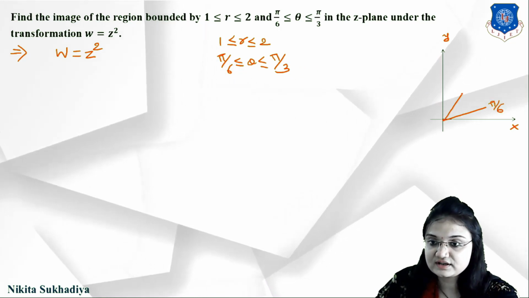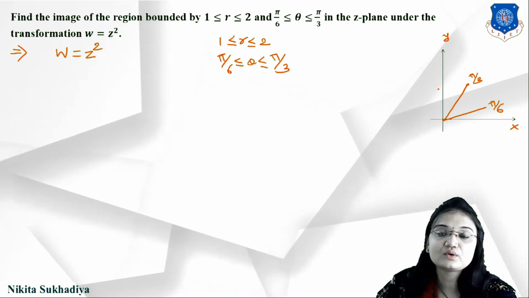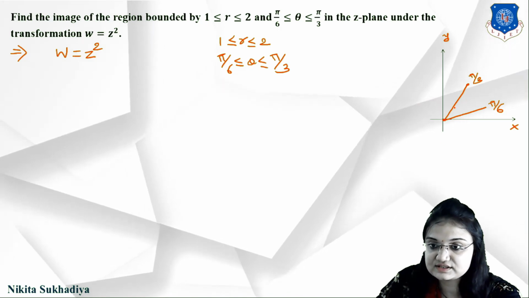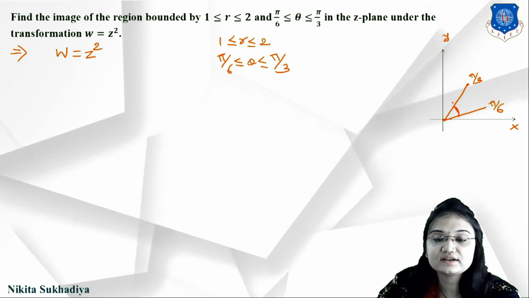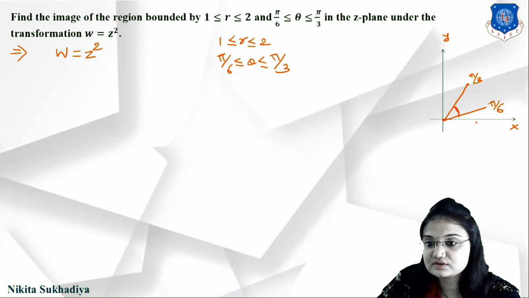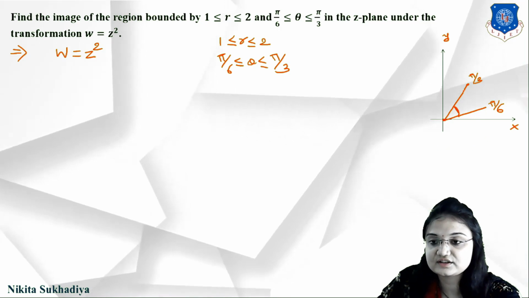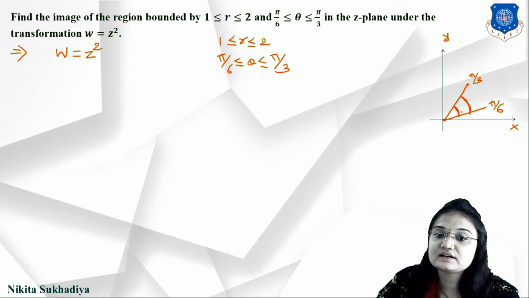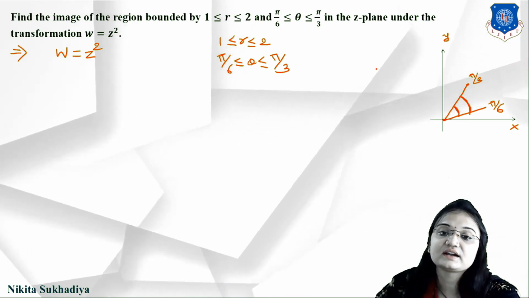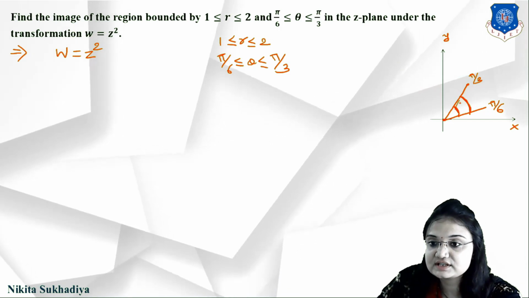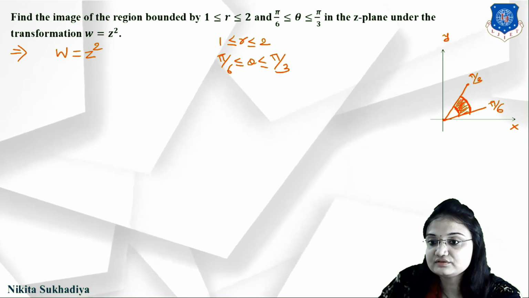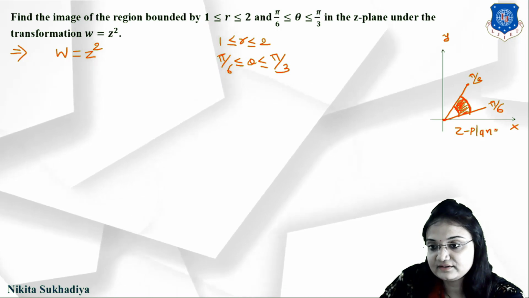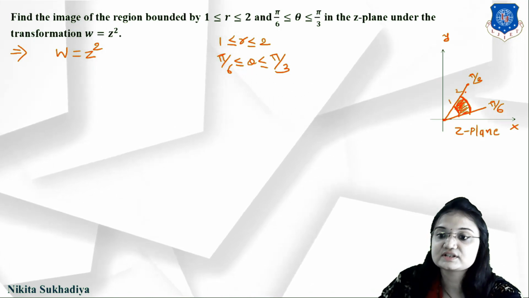The first radius is 1, so for example this is a circle of radius 1, and the second radius is 2, so this is a circle of radius 2 with the same center. Theta is between pi by 6 and pi by 3, and radius is between 1 and 2. So this is the region bounded by these radii and angles, and this is the z plane representation.